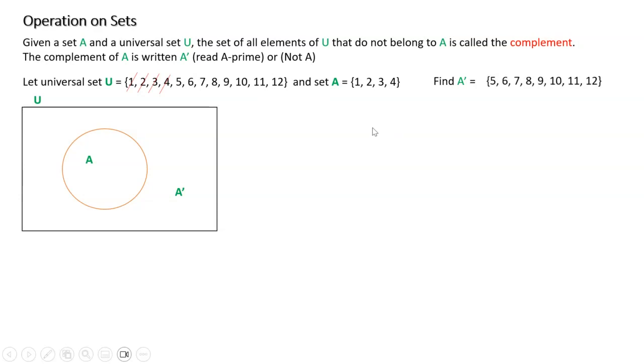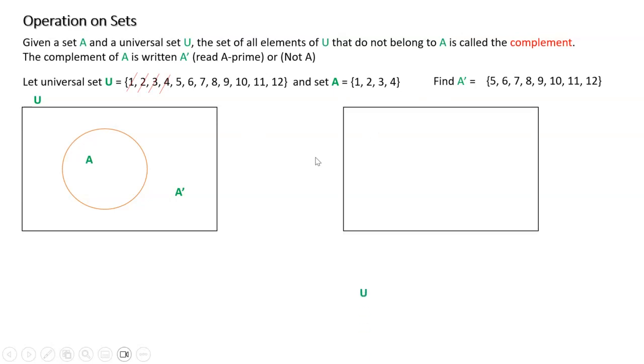That's your answer. Now how do we represent that in a Venn diagram? That's my universal set. Set A will be 1, 2, 3, 4. That's set A. And not A means all the rest will be outside the circle, outside the set, but inside the rectangle, because this is the universal set.